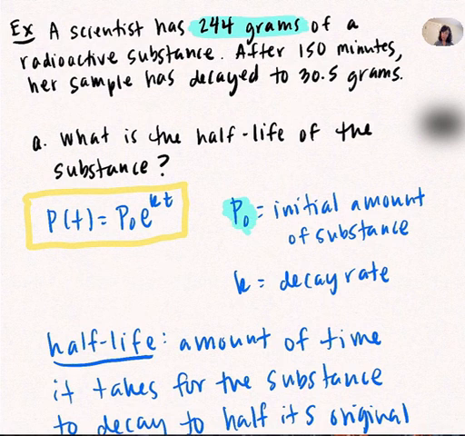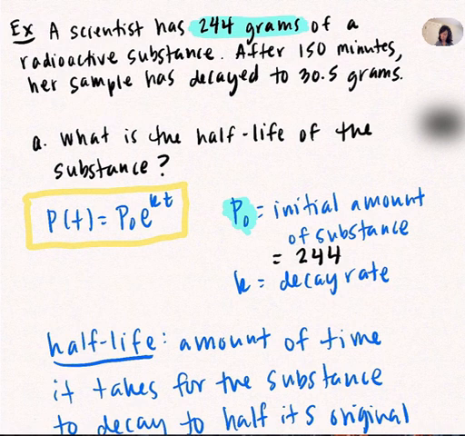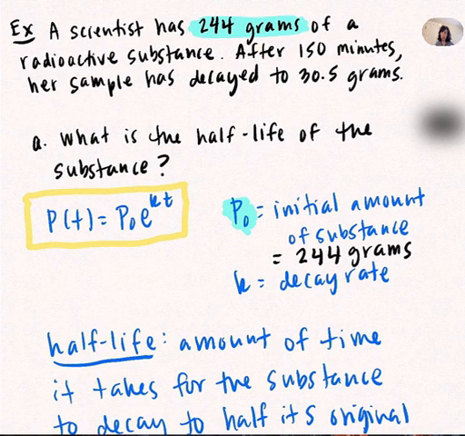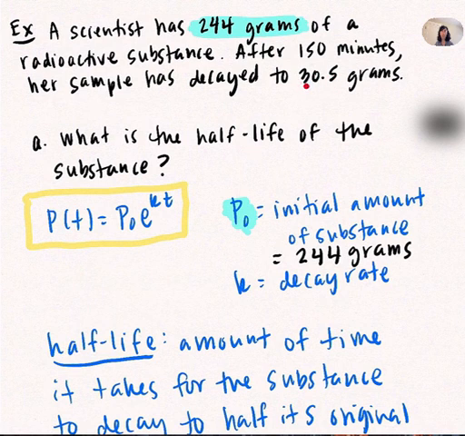So we know that P naught is equal to 244 grams for this problem. We are not told the decay rate, but we are told that after 150 minutes, the substance decays to 30.5 grams. So it decays quite a bit after 150 minutes.